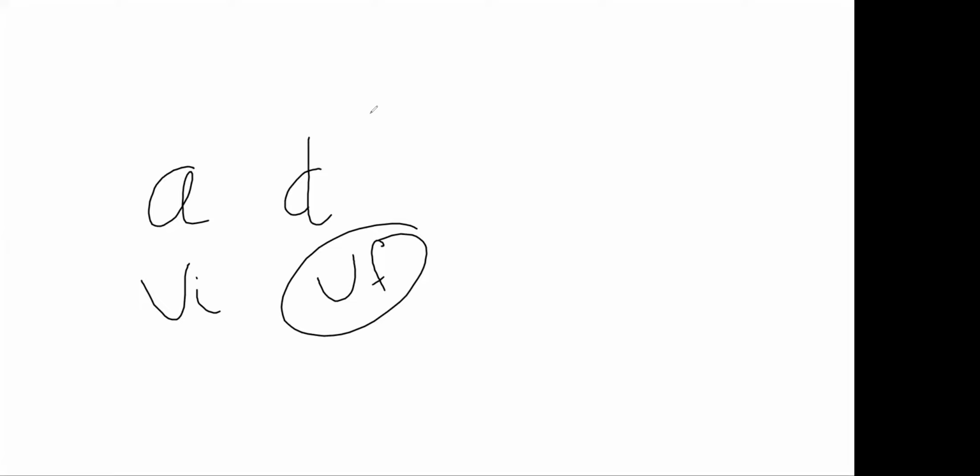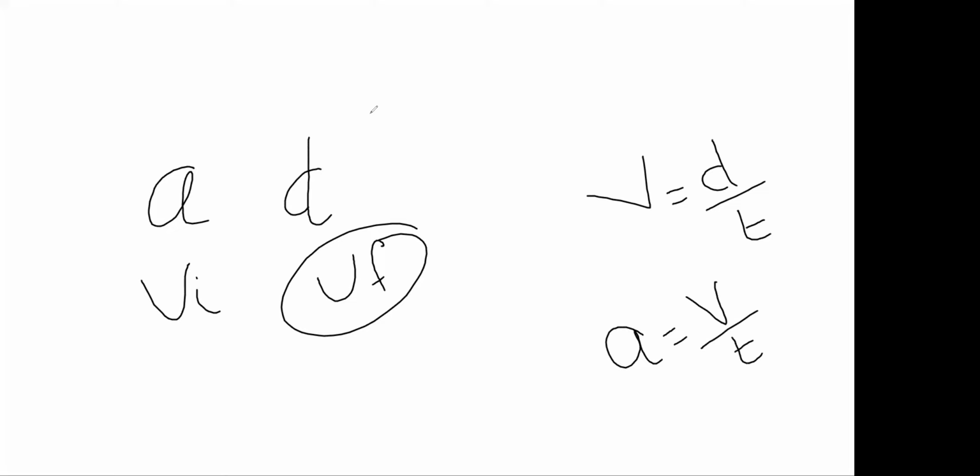Our previous formulas tell me that if you want to find the velocity, it is d over t, and the acceleration is v over t, or v final minus v initial over t. So can you use the first one? You cannot use the first one because d is not written, and you cannot use the previous one because a is not written.